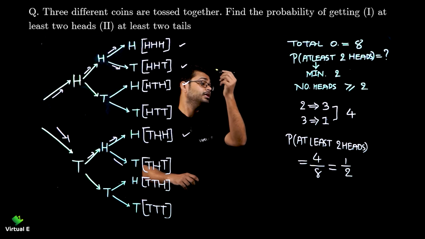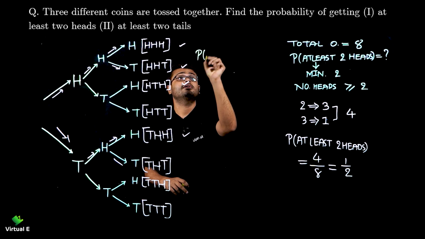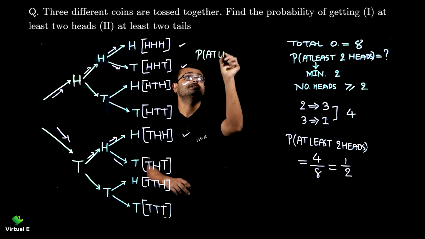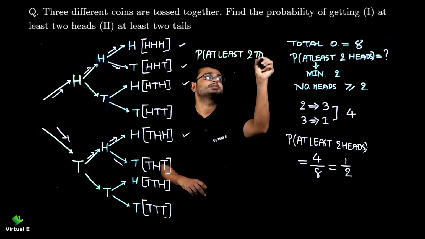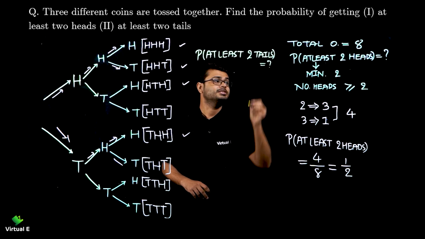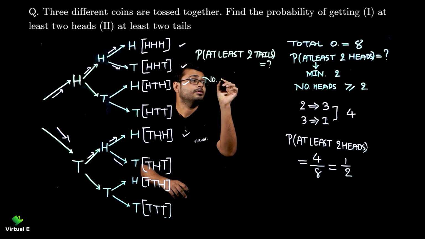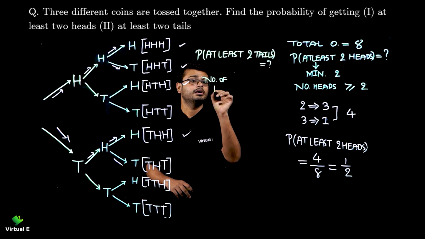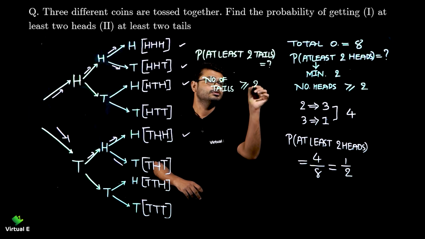Let's write for the probability of at least 2 tails as well. If we want to find it, we use the same logic: we want to find the favorable outcomes for the number of tails being greater than or equal to 2.